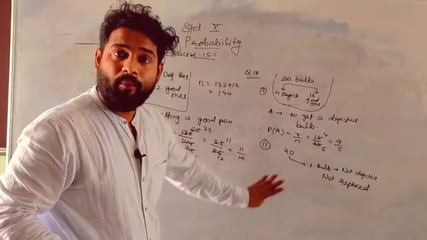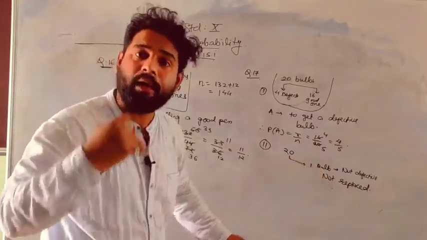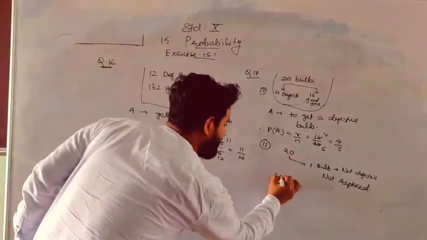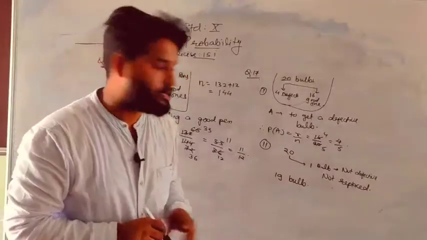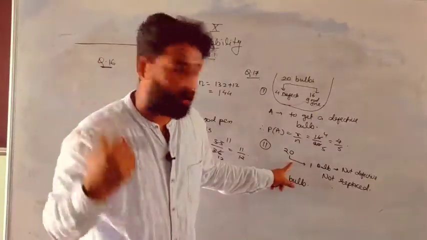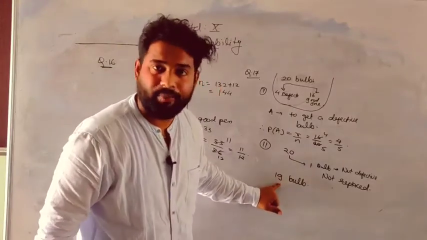So how many bulbs are there with you after this incident? Only 19 bulbs. Why only 19? Because the bulb that you took out, you have not replaced it. So only 19 bulbs will be there.